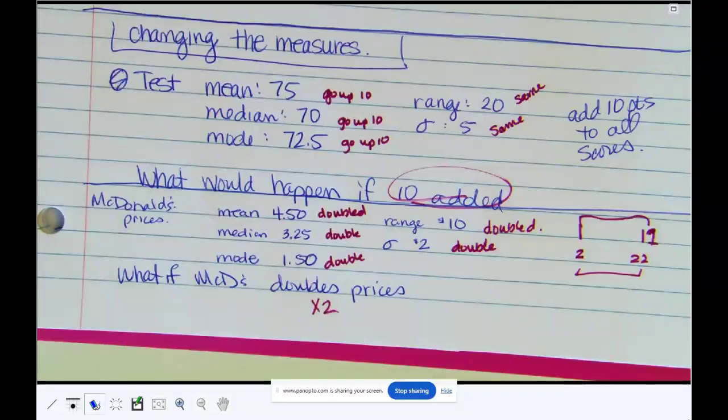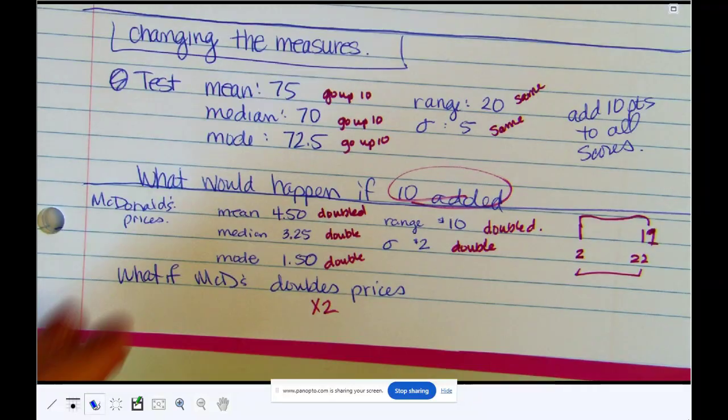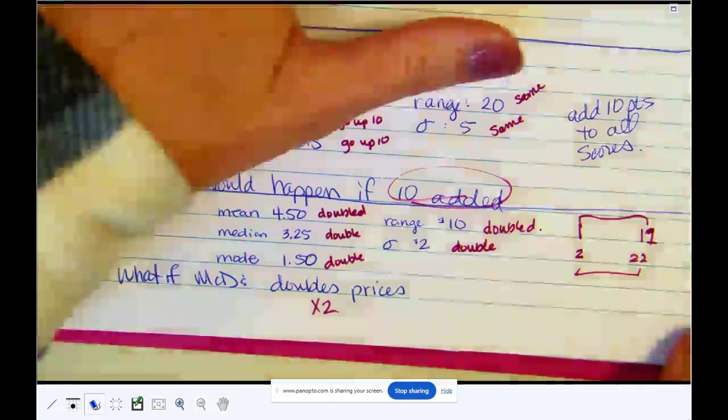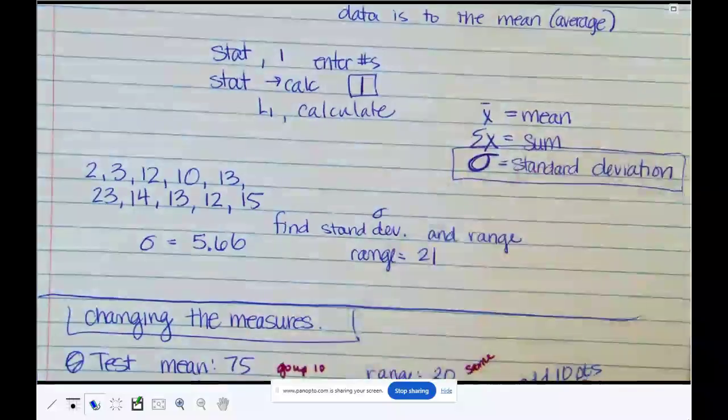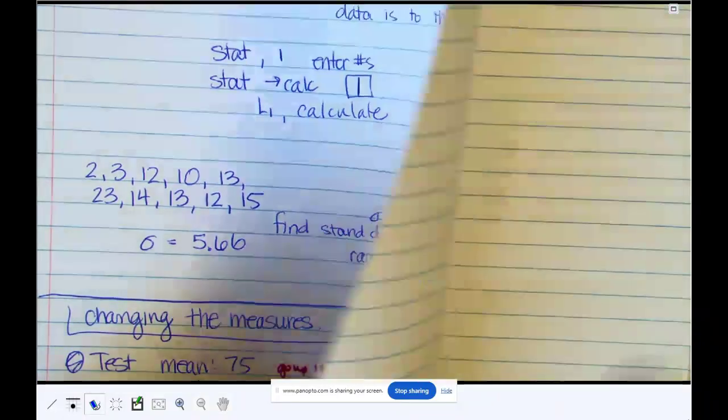Okay, so here's what we're going to do. We're going to do homework. I'm going to tell you which ones to do first, and I'm going to put them in order because you have to do a couple of standard deviations. You want to get those done first because you need the calculator for those.